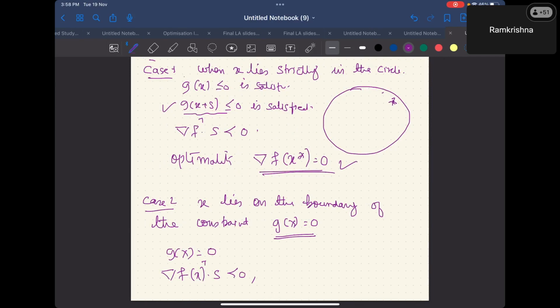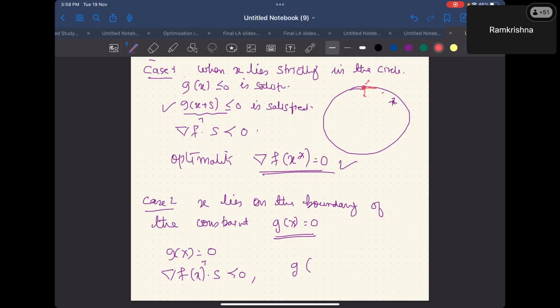And then what must happen with g? Which directions can I move along for g? If I am on this point, I can move only along directions which are either along the boundary or inside. This is not allowed. I just cannot move in arbitrarily chosen directions. So what changes in the way we now formulate conditions?